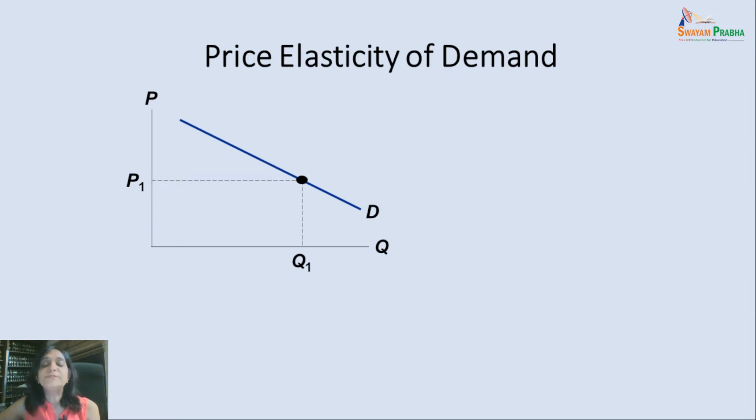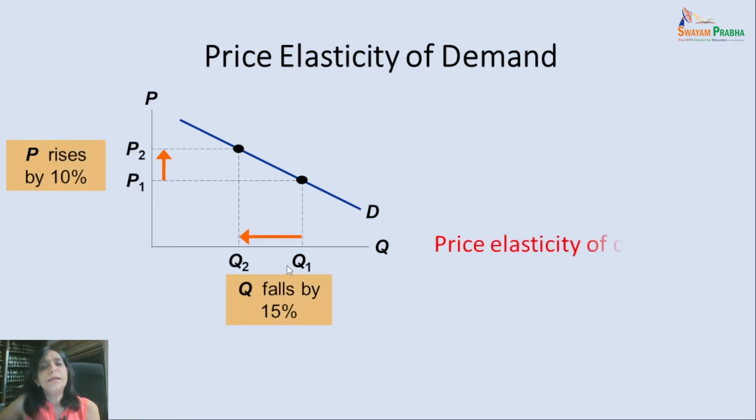So let us have a look at price elasticity of demand with the help of this figure. In this figure, as you can see, the demand curve is given by this blue line. It is a downward sloping demand curve. The original price, let us say, is P1. When the price is P1, which we are measuring on the vertical axis, the demand for that commodity is Q1. So that's our original situation.